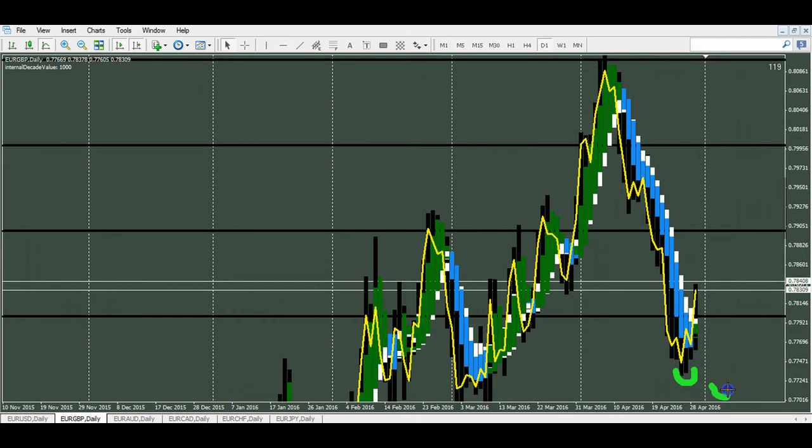Now we're waiting for another head, and then we're waiting for a... But these are based on wicks. So if this is the shoulder and this is the head, this is the shoulder.